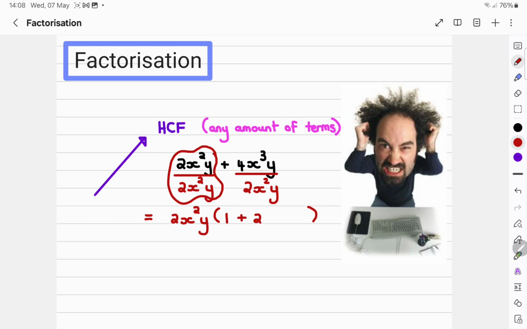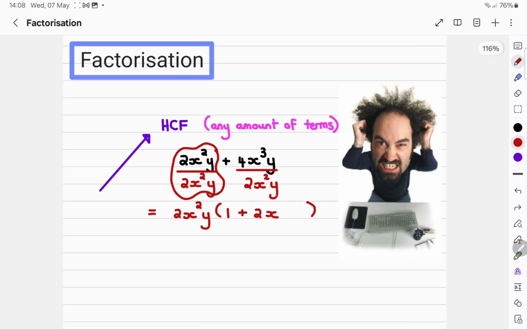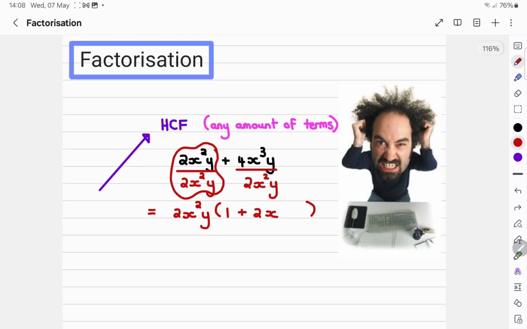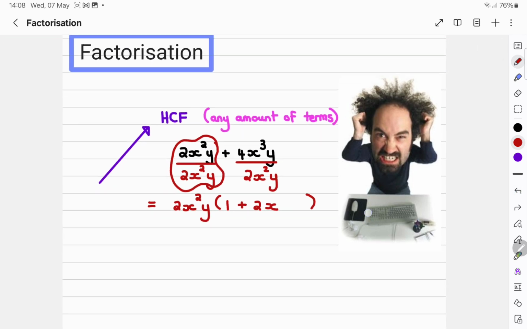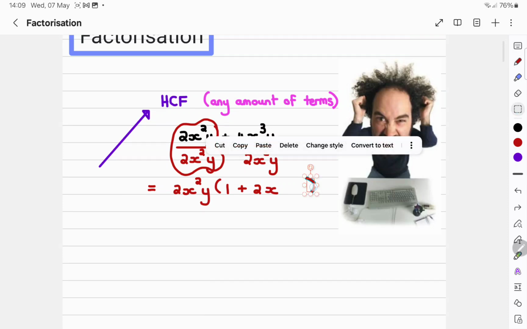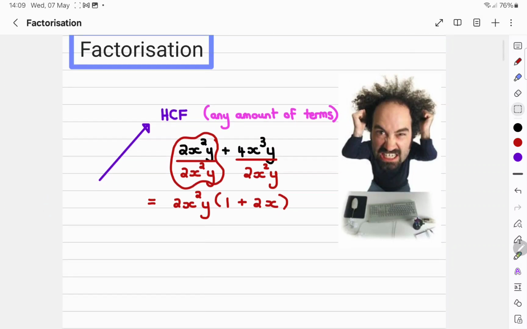X to the power 3 divided by x squared: when you divide, you subtract your exponents, so 3 minus 2 is 1, and we don't normally write that 1. And y divided by y just cancels out. So this is what's left, and I can take that bracket back: 2x squared y, and in brackets 1 plus 2x. And that is your answer.